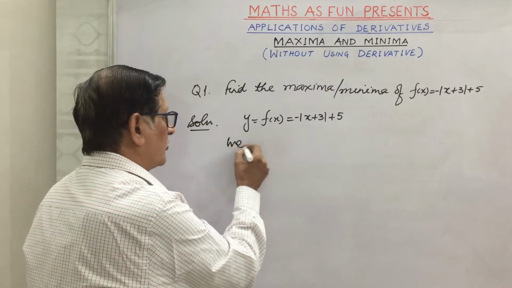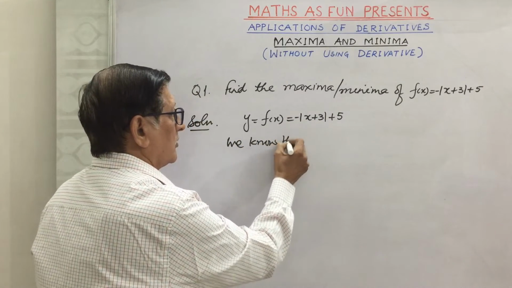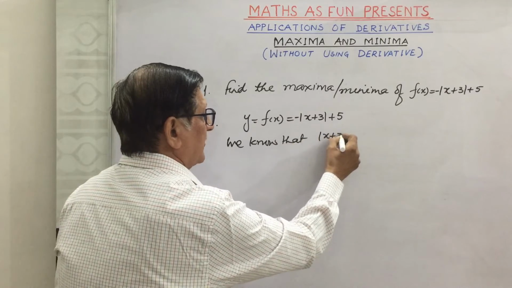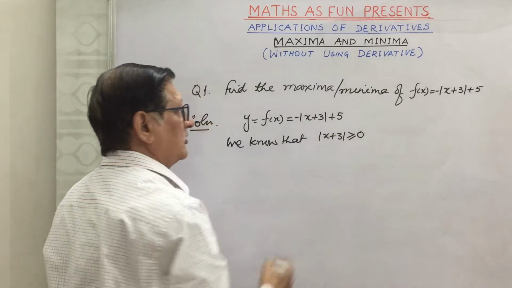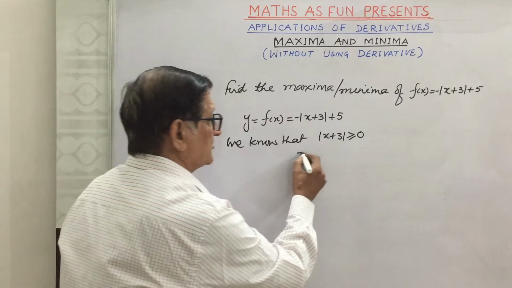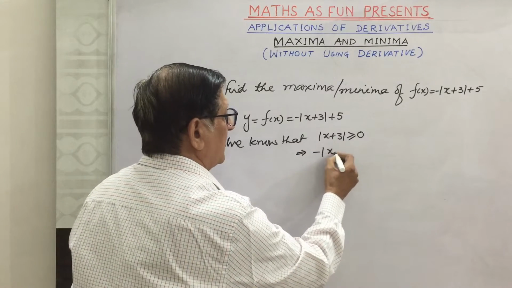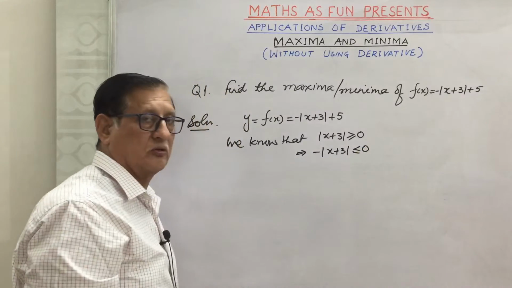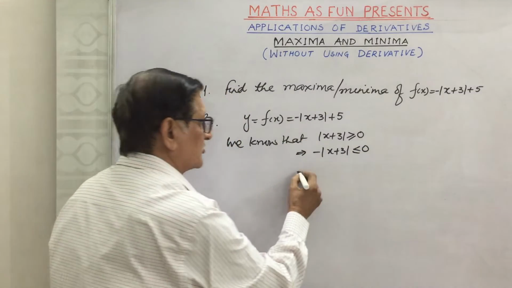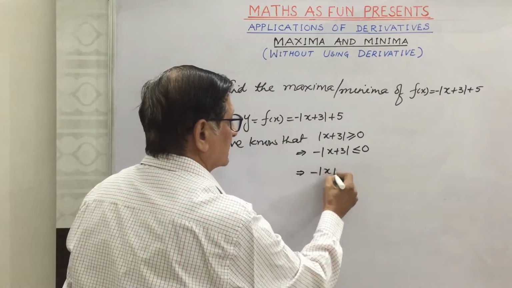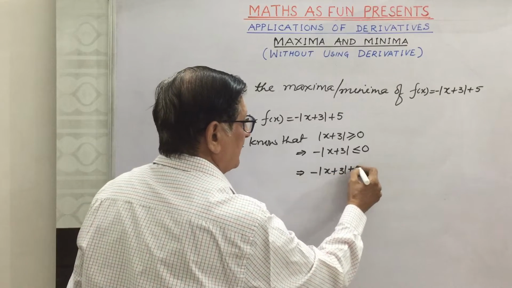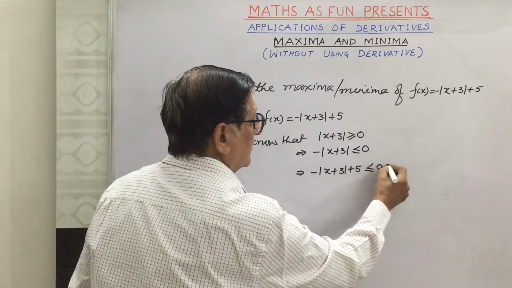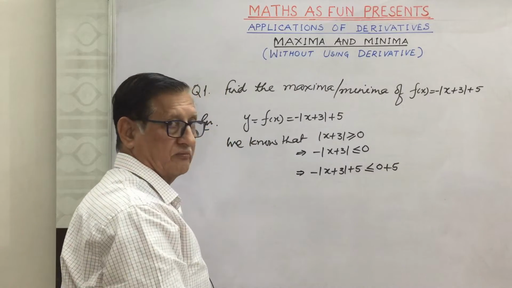Then we know that modulus of (x plus 3) is always greater than or equal to 0. It means minus mod of (x plus 3) will always be less than or equal to 0. And if we add 5 on both sides, we find minus mod of (x plus 3) plus 5 is less than or equal to 0 plus 5.